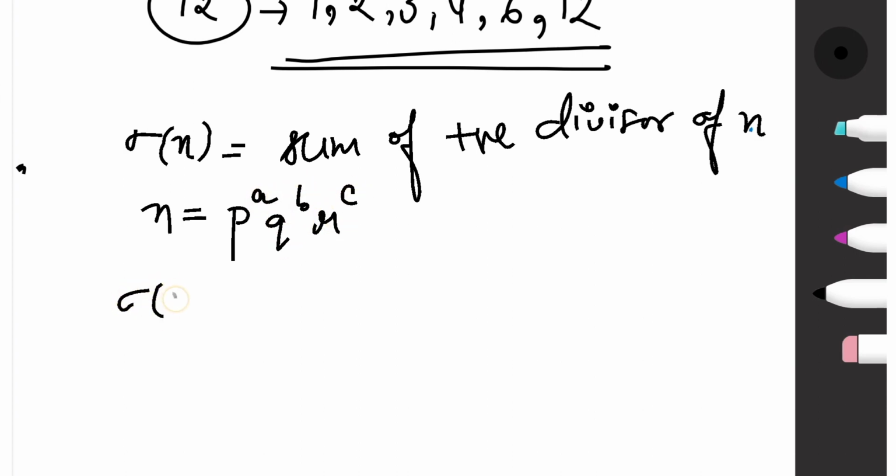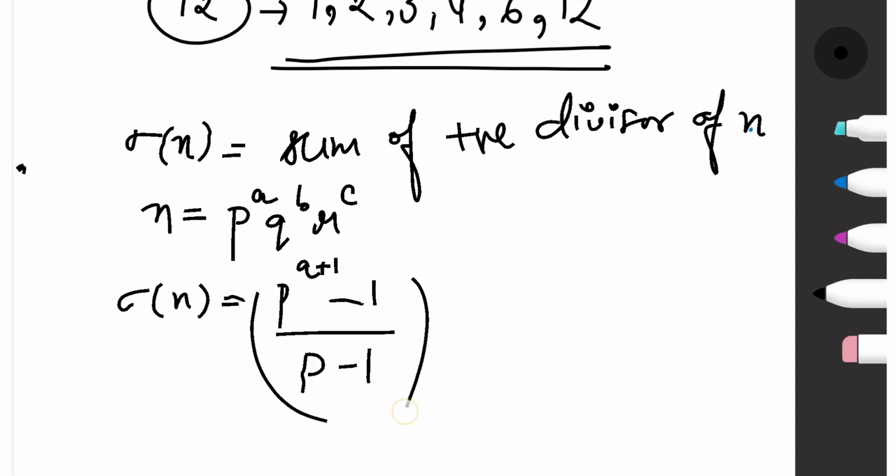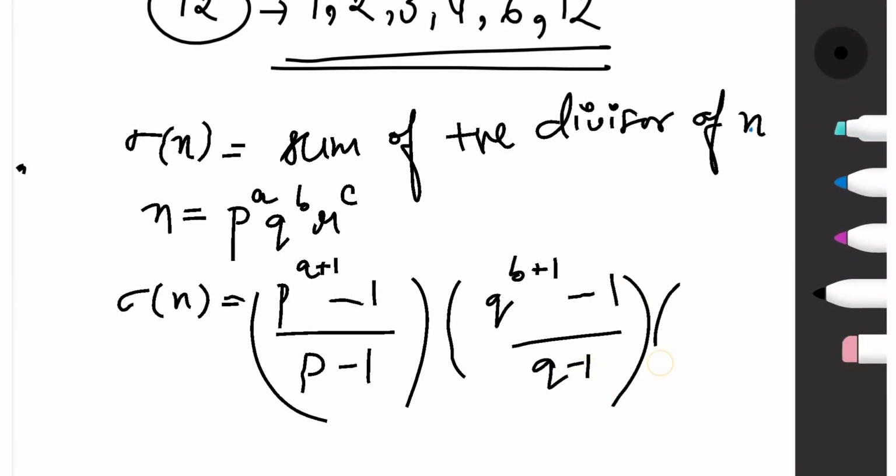So sigma n is defined as (p to the power a plus 1 minus 1) by (p minus 1), then (q to the power b plus 1 minus 1) by (q minus 1), and (r to the power c plus 1 minus 1) by (r minus 1).